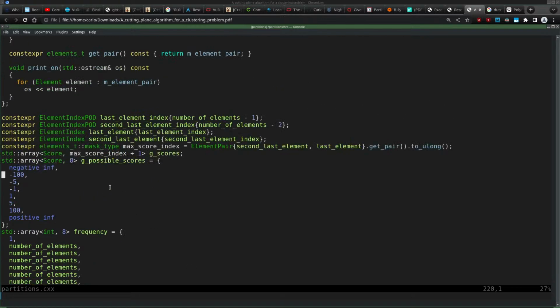Well, somewhere I have a max score index. I think this becomes too big. Max score index is get pair and get long.